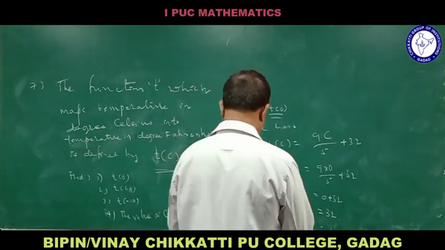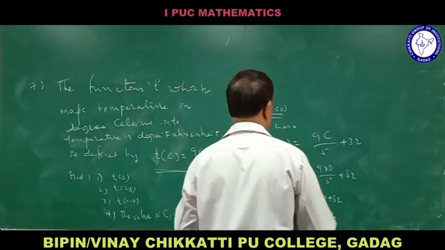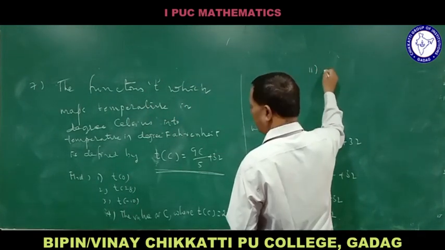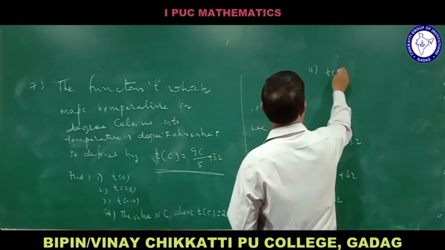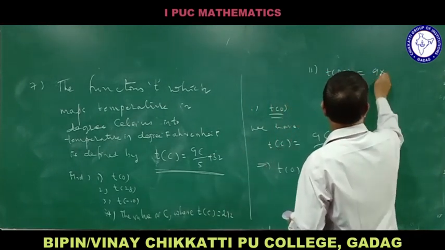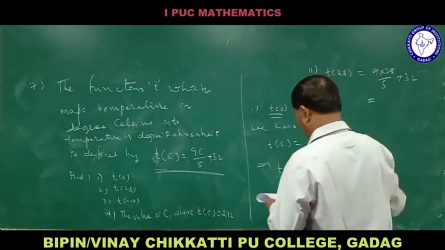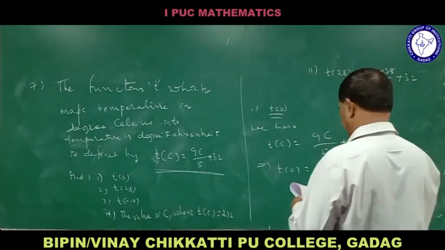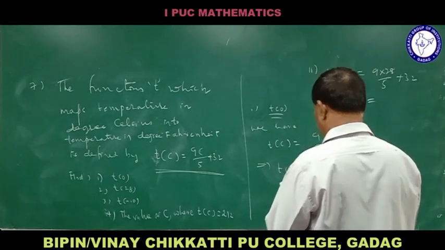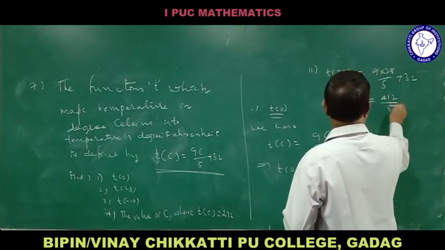Similarly, you can go for finding the result T of 28. The second is T of 28. See, the T of C formula gives 9 into 28 divided by 5 plus 32. After simplification of this, you find the result.